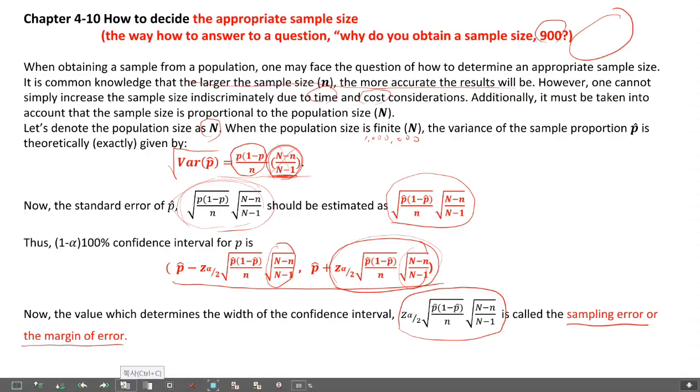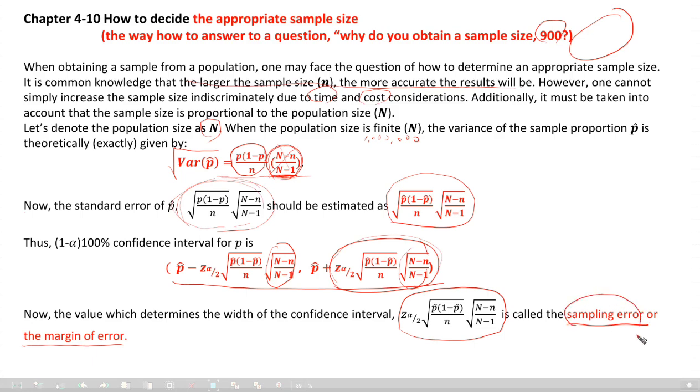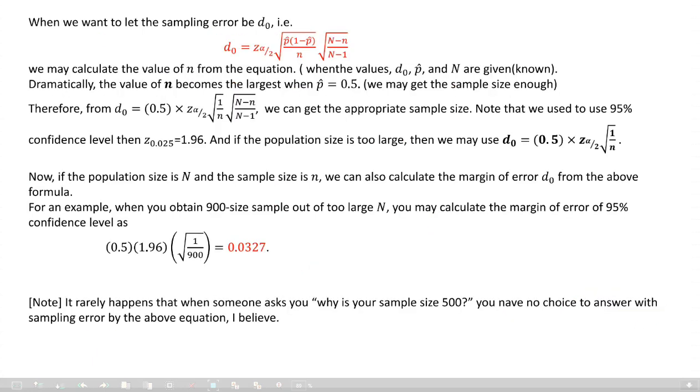This is a new terminology, not standard error, sampling error. Get it? All right, then we want to let the sampling error be D0. D0 is some fixed value, say 0.02 or 0.03, something like that.